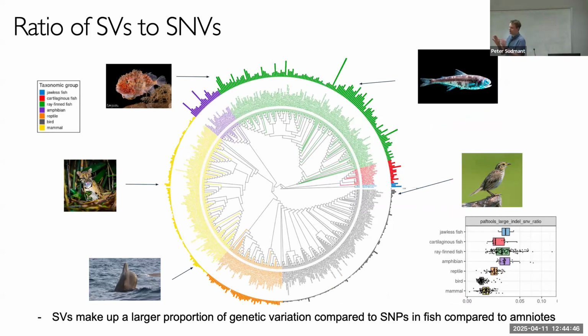Which I think is mind-blowing. What you're looking at here is the ratio of structural variant heterozygosity to SNP heterozygosity. What this is telling you is how much of the diversity in the population is being driven by either of these two forms of genetic variation. In all of the fish lineages, the cartilaginous fishes, jawless fishes, rayfin fishes, and amphibians, the vast majority of the diversity in the population is driven by structural variation.